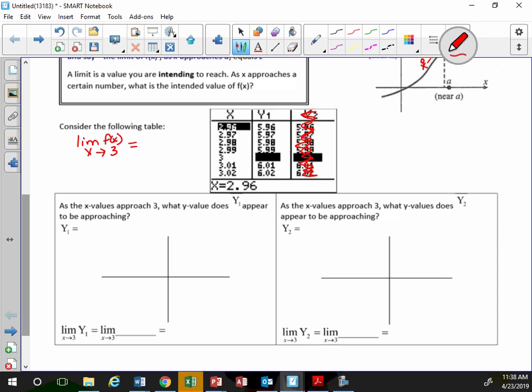I can't just look at the y value because it doesn't exist. There's nothing there. So what I would do is look as I squeeze in with these x values, what are the y values doing? Squeezing in on what number? 6. That's the limit. It's all what are you approaching? That's it.